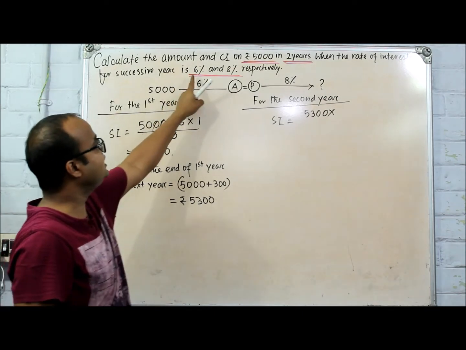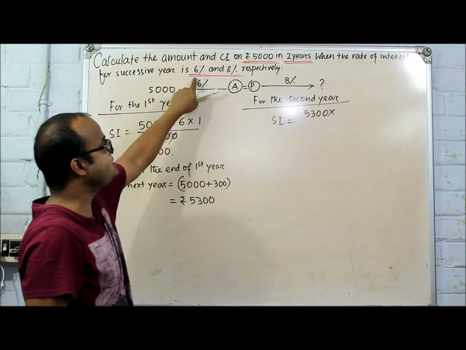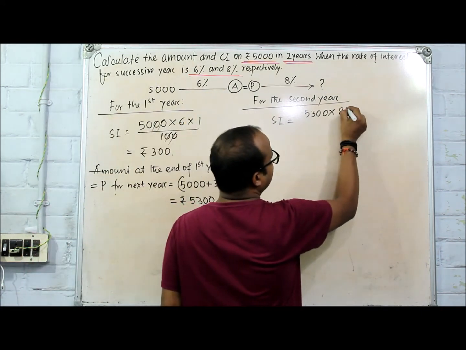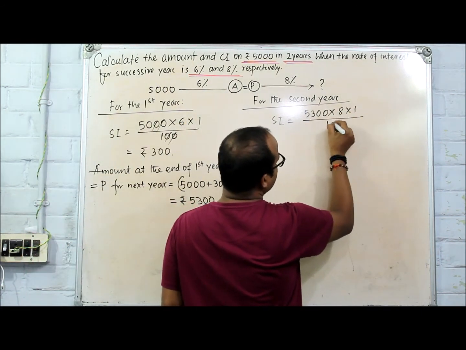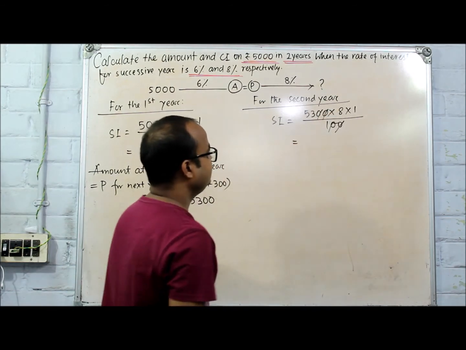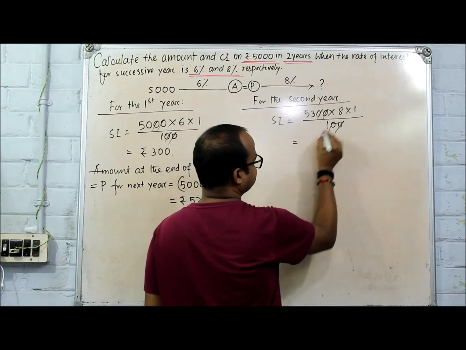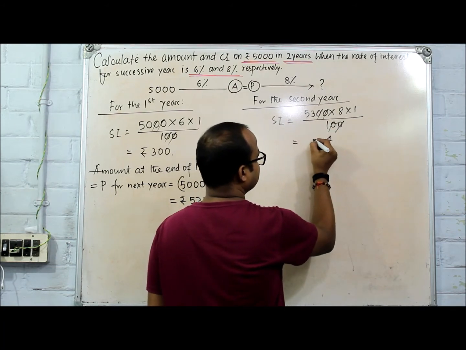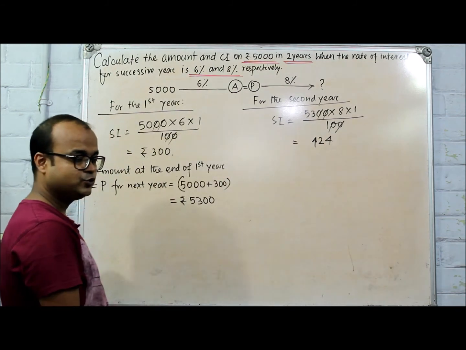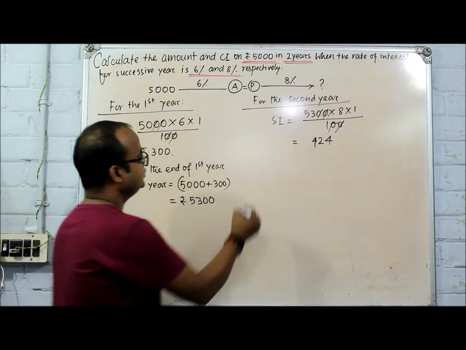Here it is clearly mentioned for the first year it is 6 and for the second year it is 8. So into 8 into 1 by 100, we will cancel 2 zeros. So it will be 424 rupees.